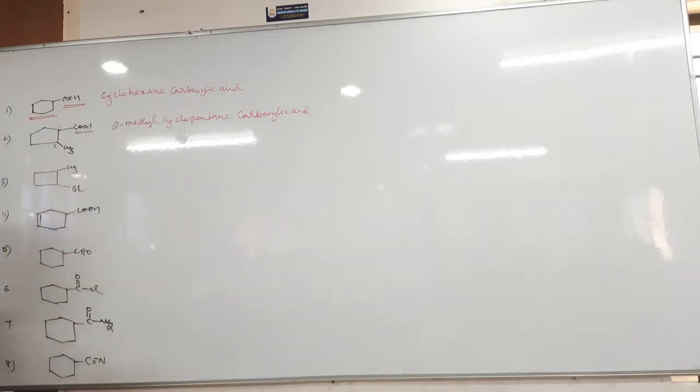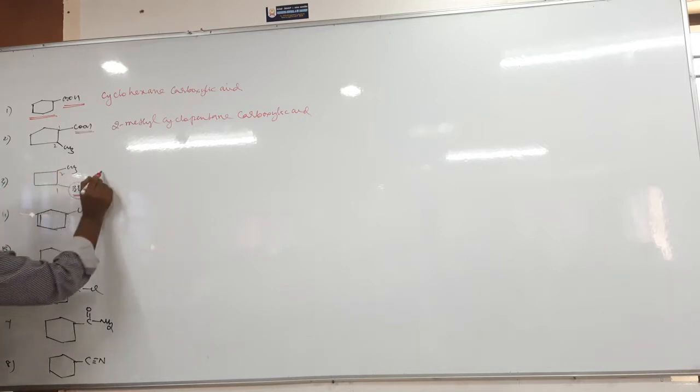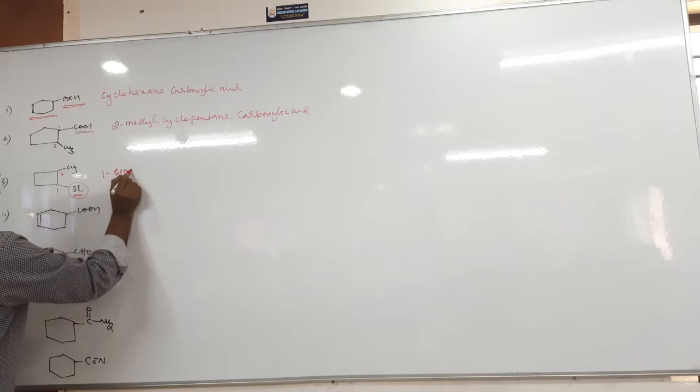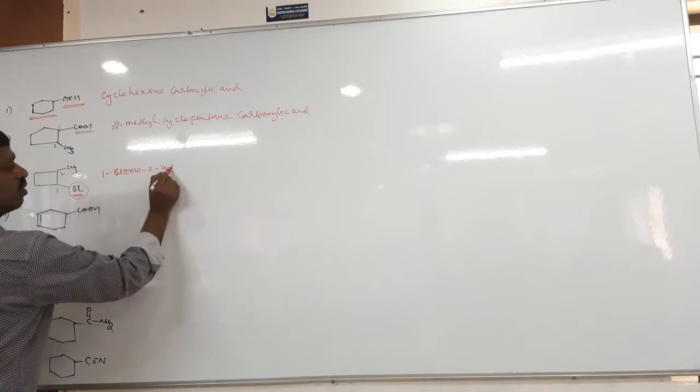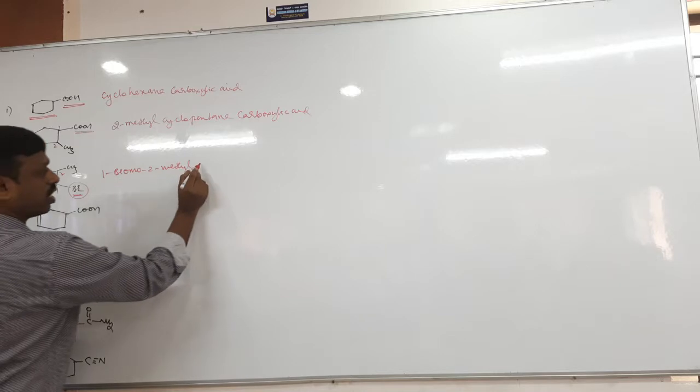Next, here it is a cyclobutane, but there is a bromine and a methyl. Bromine starts with B, therefore 1, it is 2. So which bromo, which methyl? 1-bromo-2-methylcyclobutane.